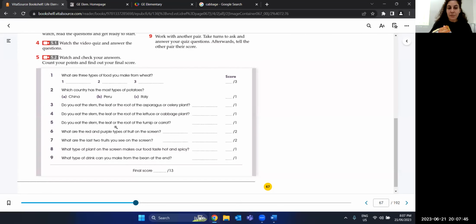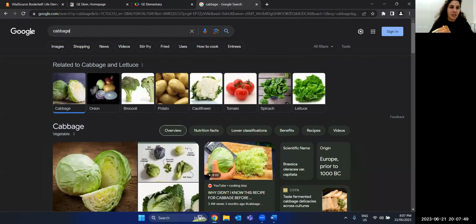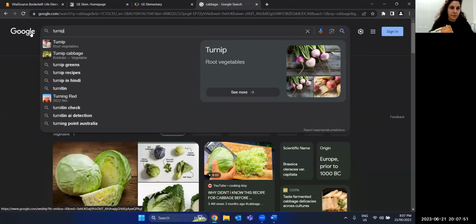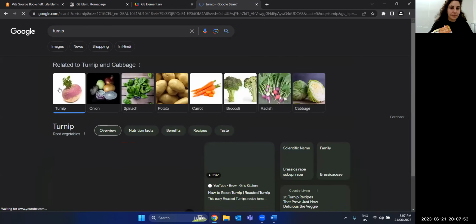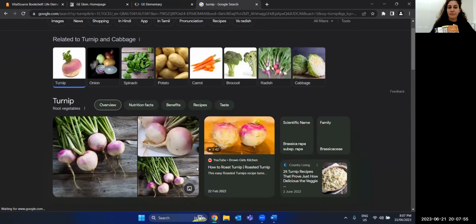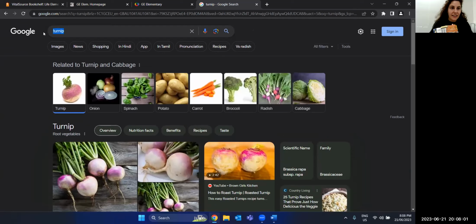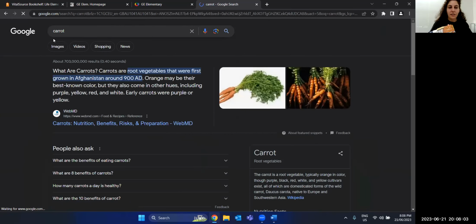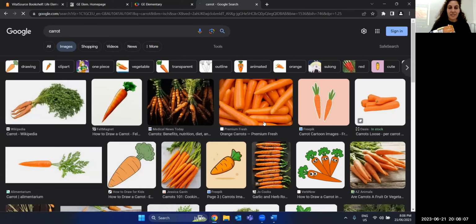Do you eat the stem, the leaf, or the root of the turnip or carrot? Turnip. And carrot, we know. Carrots.